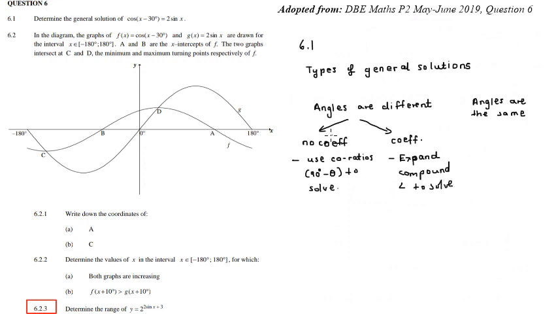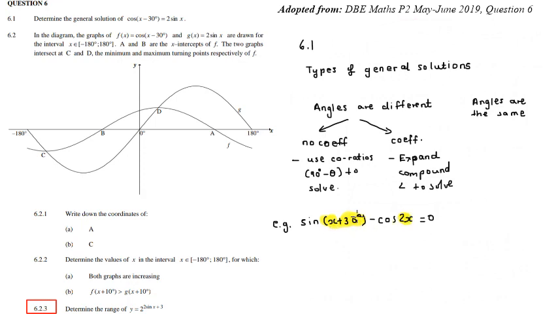If I can give you an example of this first case, where your angles are different and we can use co-ratios to solve, something like, let's say, the sine of x plus 30 degrees minus the cos of 2x is equal to 0. You can see over here your angles are different.